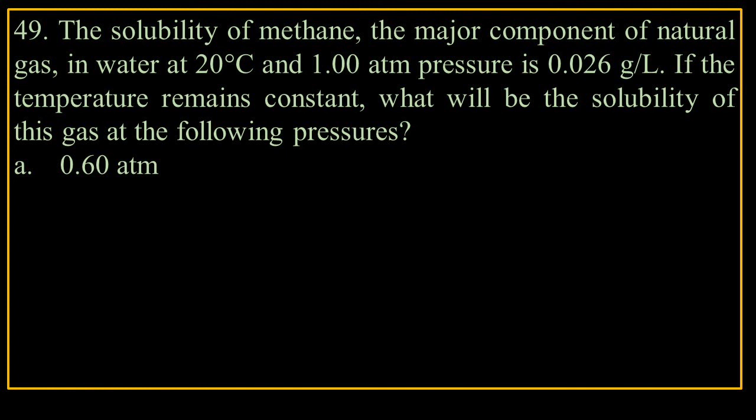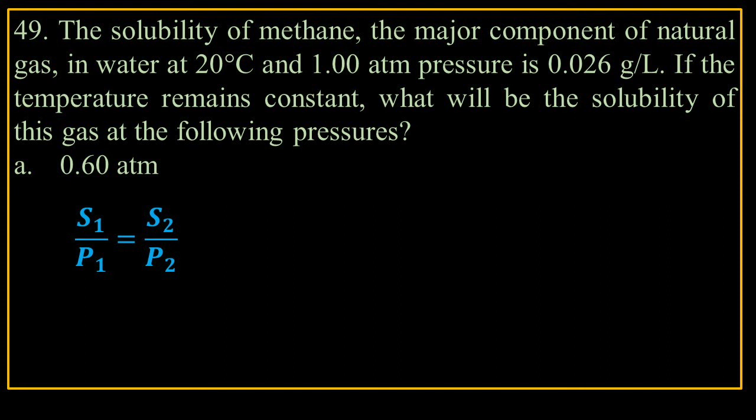The solubility of methane, the major component of natural gas, in water at 20 degrees Celsius and 1 atmosphere is 0.026 grams per liter. If the temperature remains constant, what will the solubility of this gas be at the following pressures? 0.6 atmospheres. There is the Henry's law equation, S1 over P1 equals S2 over P2.